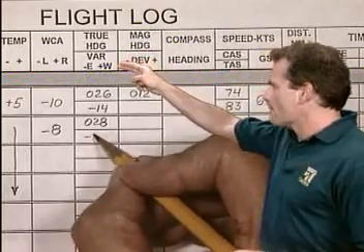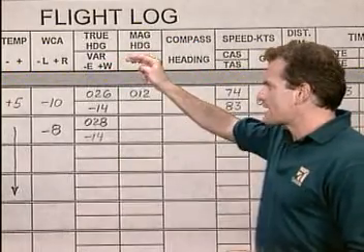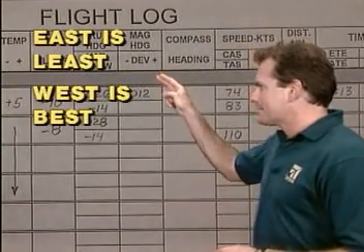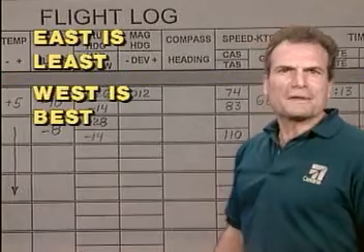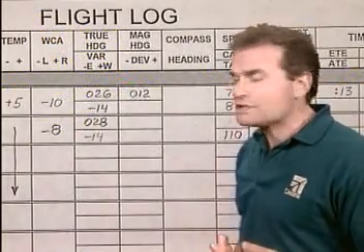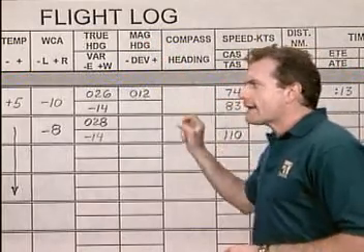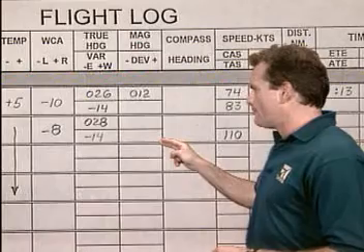Now this is a great form for those of us getting a little long in the tooth, because right here it reminds us to subtract for east and add for west. So we put our minus 14 in here because remember, east is least and west is best. So next is the magnetic heading, which is another split block. Here's our magnetic heading right here. The magnetic heading is on the top and the deviation is on the bottom.